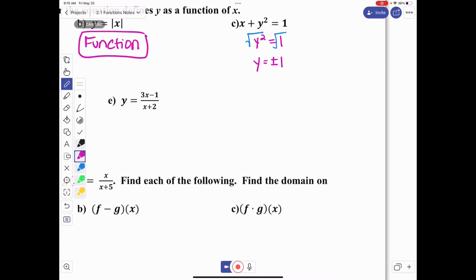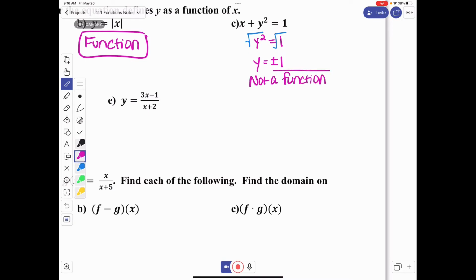Well, this is two answers. y can be 1 or y can be negative 1. So y can be two different answers if I plug in one number, if I plug in a 0. You can pick any number, 0 is usually the easiest because it just gets rid of it. But I got two answers. So this one is not a function.